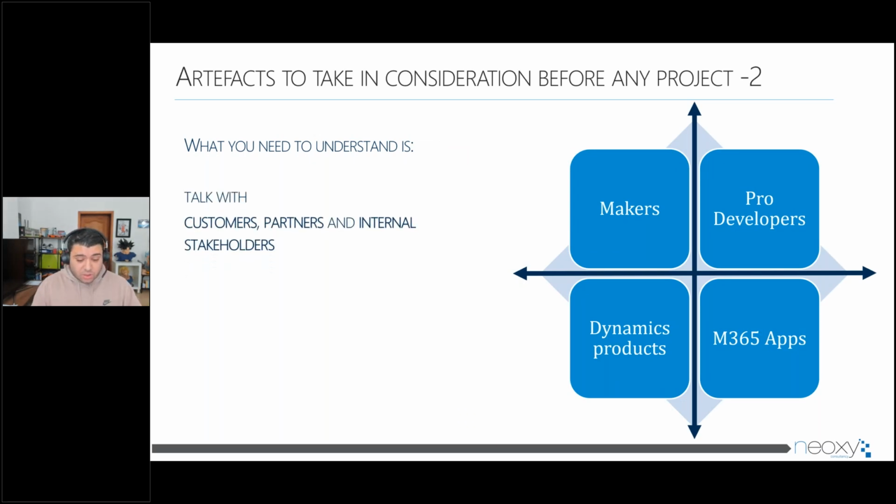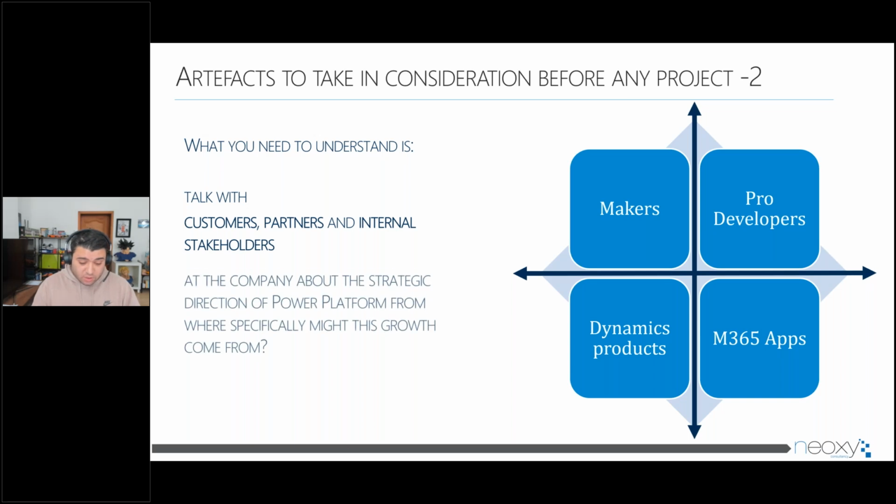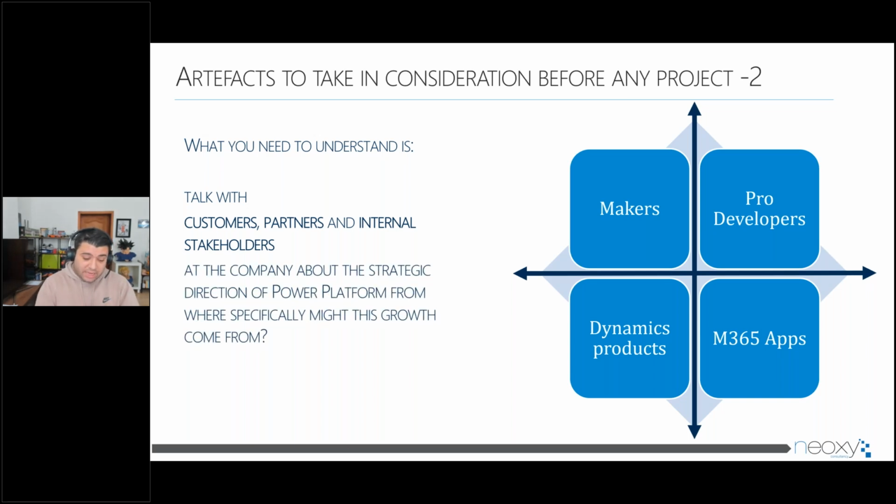When you talk with your customers, partners, internal stakeholders, everyone has a different way of doing and building stuff. If you have an organization with a bunch of makers, those makers could be a perfect scenario for common business processes. But if you have a lot of pro developers in your organization, you could use the Power Platform for complex processes.